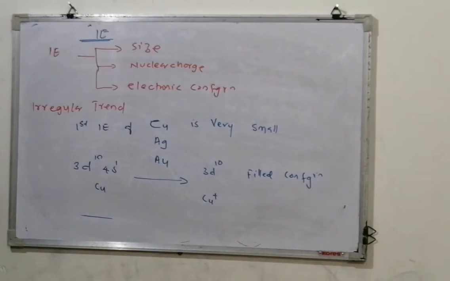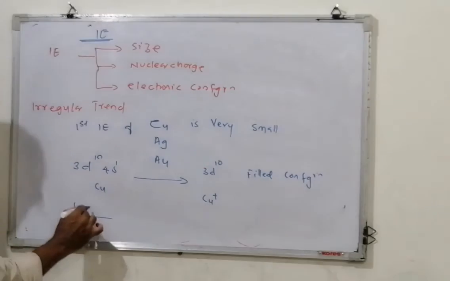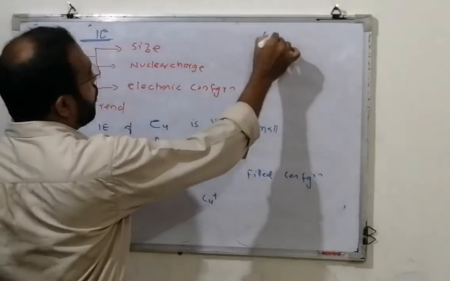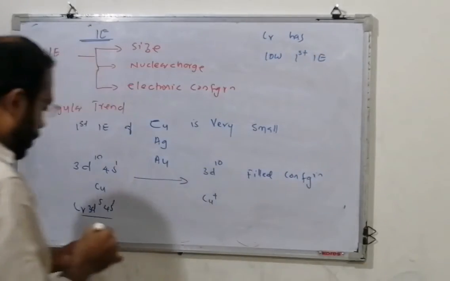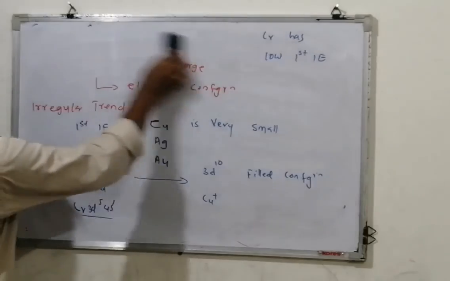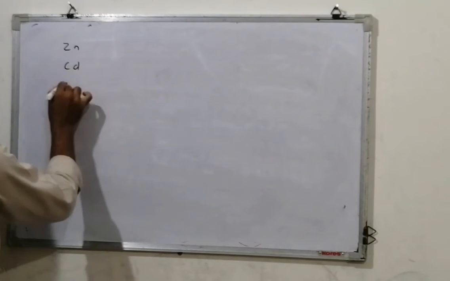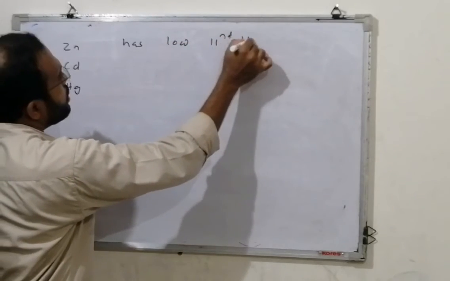3d10 has a filled configuration. Similarly, chromium is 3d5 4s1. Chromium has low first ionization energy, and the elements below chromium also. Now, zinc, cadmium, and mercury have low second ionization energy.